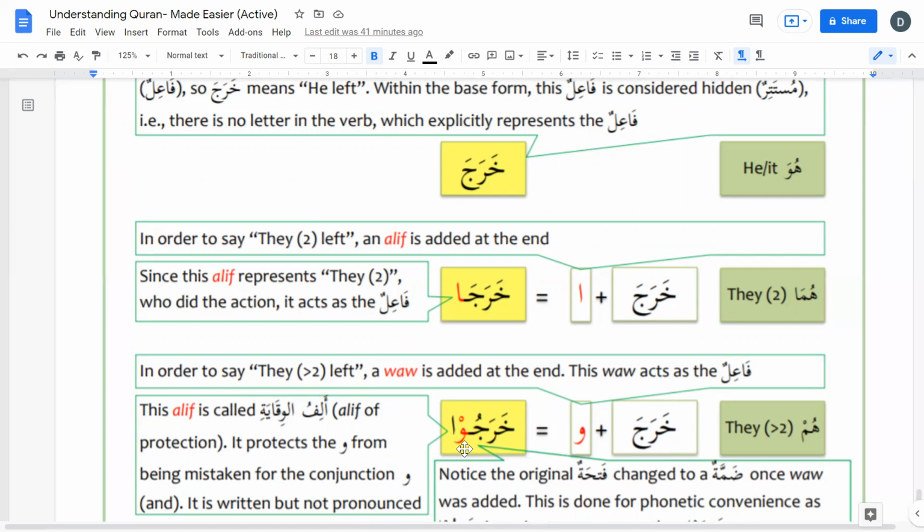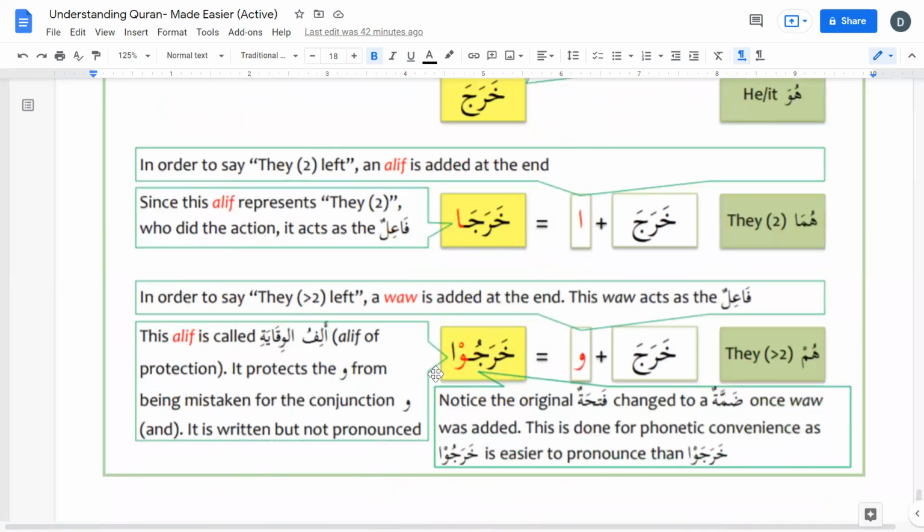This alif is over there to protect it, so that during reading we don't consider this some other waw. It protects the waw from being mistaken for the conjunction waw, like waw ataf.